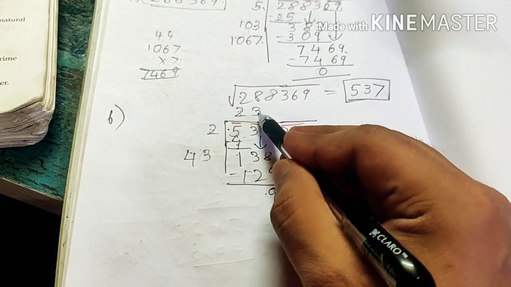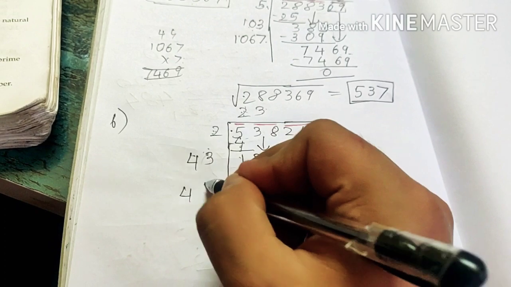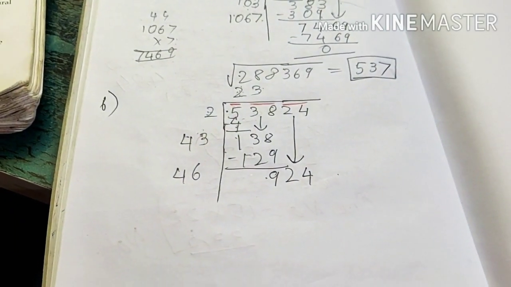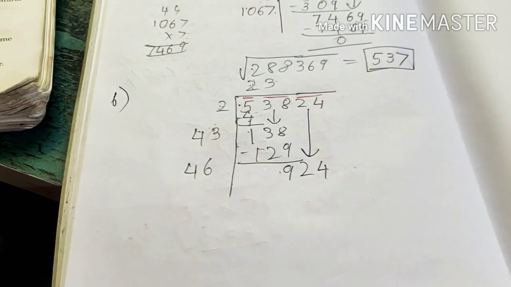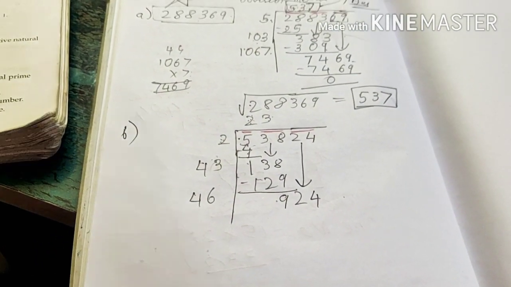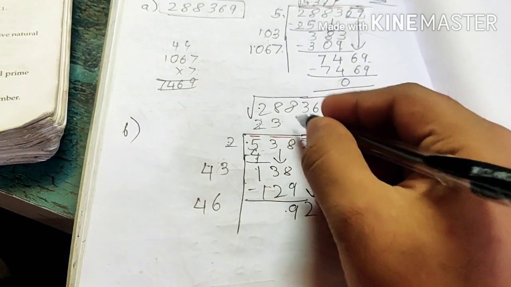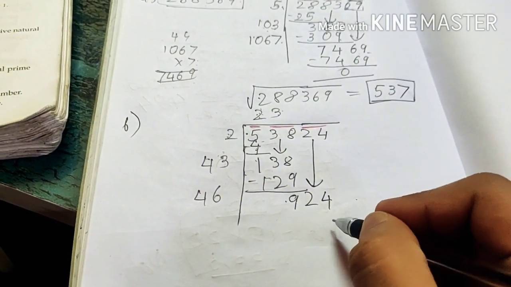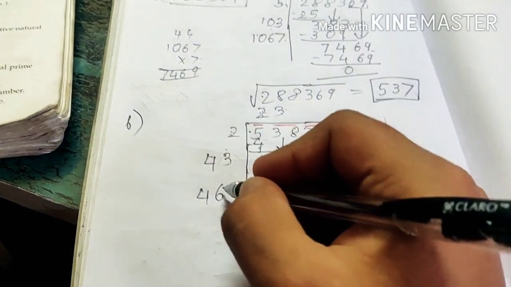Now 23's double is 46. Now again 460 zeros are 0, 461 ones are 461, 462 twos are 924.